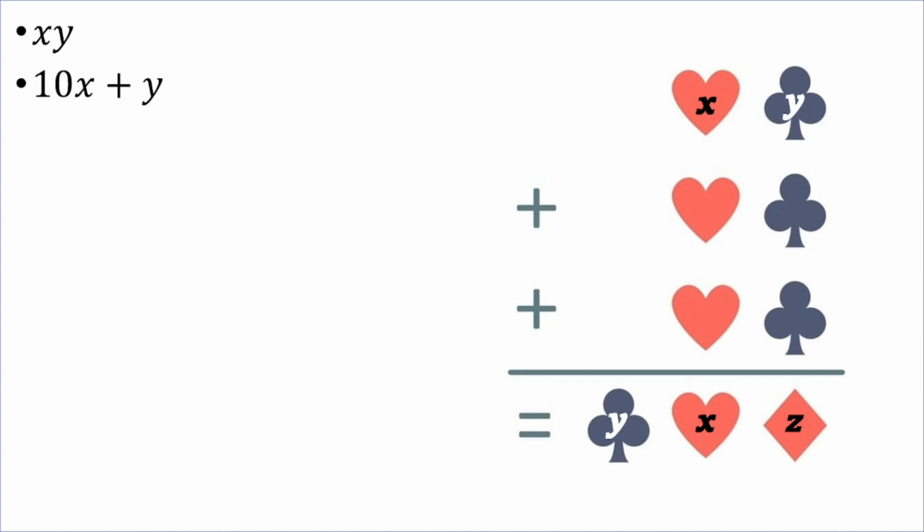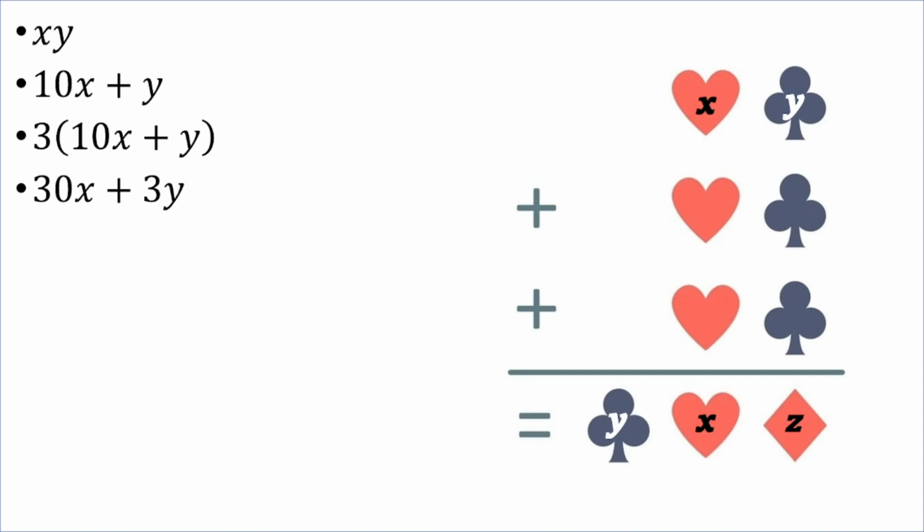Now, there are 3 of them added together, so that's the same thing as 3 times (10X plus Y), which, when the brackets are expanded, simplifies to give me 30X plus 3Y. Now, that's an expression for the total.